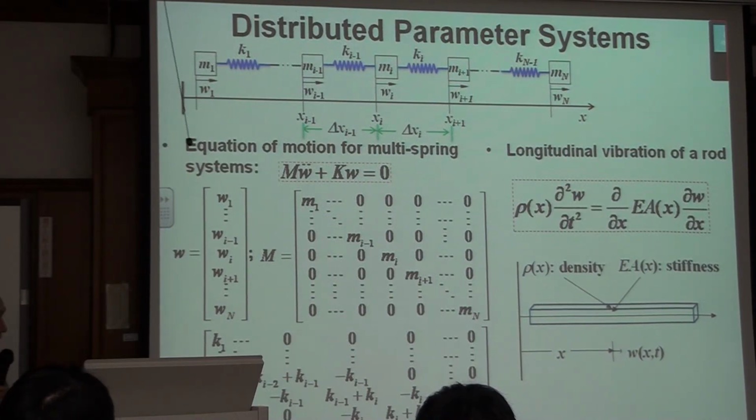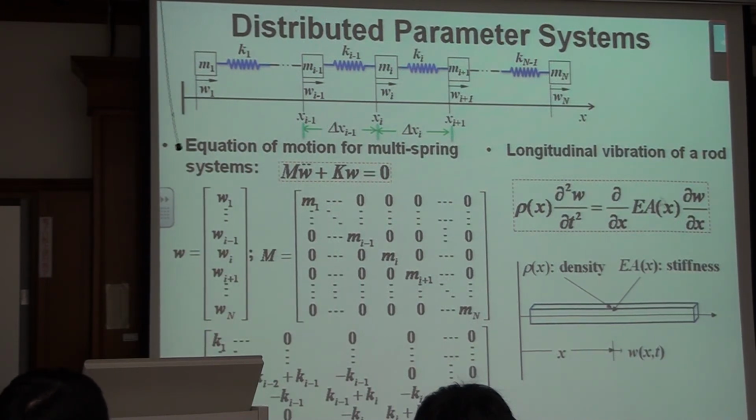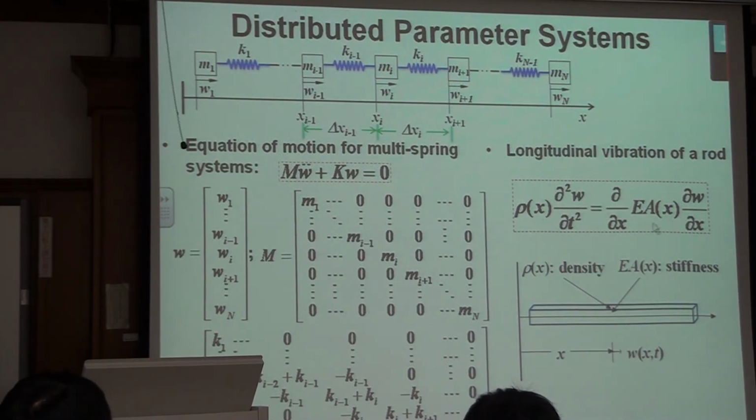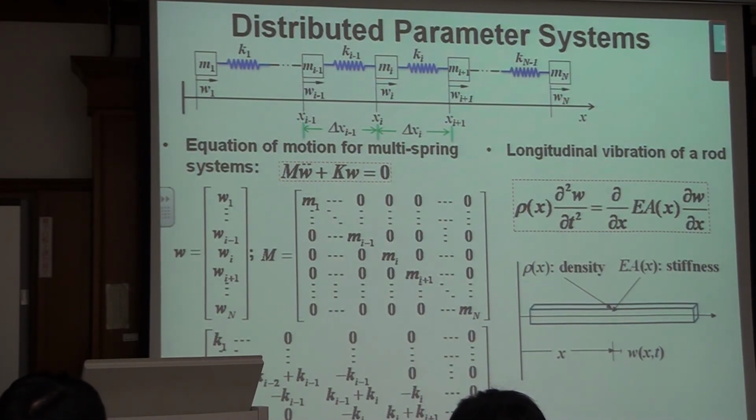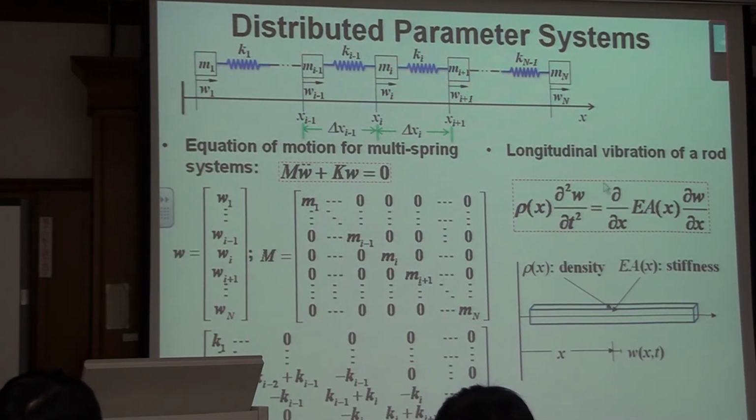Of course, this building you may not be able to write like this, but in some cases you could. This is longitudinal motion. In other words, the earthquake sometimes comes this way. It's not only horizontal; it comes this way too. You may be able to write this motion in terms of this PDE, a partial differential equation.